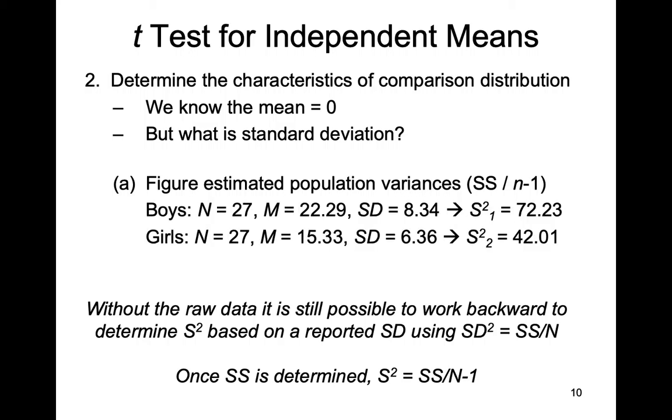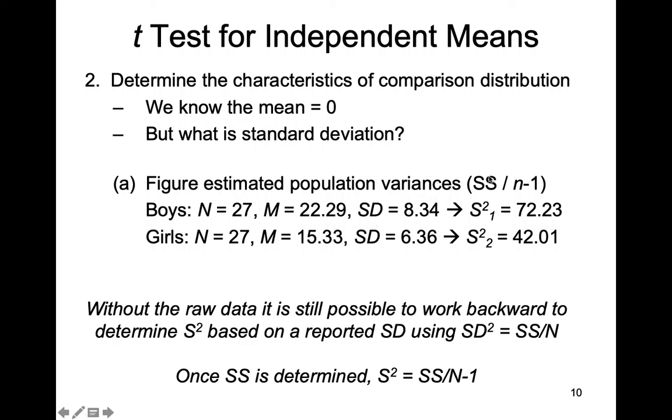And what I wanted to illustrate here is that it's possible, given the descriptive statistics, to work backwards. We know that a standard deviation we get by taking the square root of the variance. The variance is sum of squares divided by n.